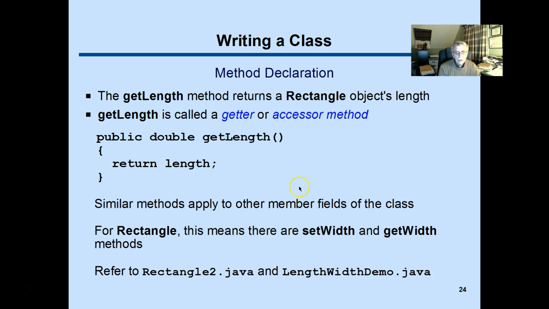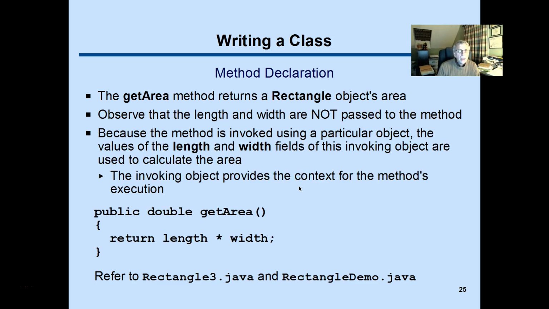Okay, let's get back into our show. And we've got one more method to talk about, and that's the getArea. The getArea method returns the area, computed area of a rectangle object.